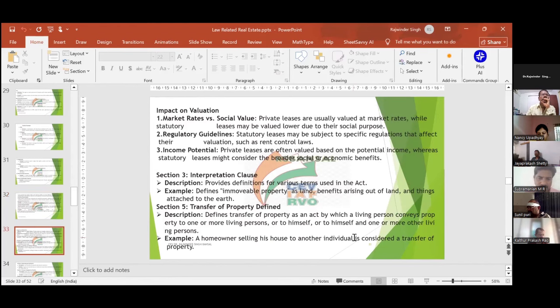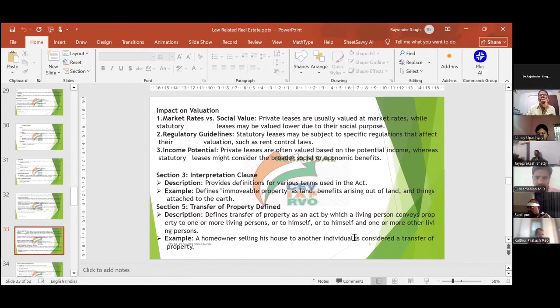Then, what is the impact on valuation? If the property is given by the government statutory bodies on lease for social purposes, the first thing you have to consider is market value versus social value. Private leases are usually valued at market rates, while statutory leases may be valued lower due to their social purpose.